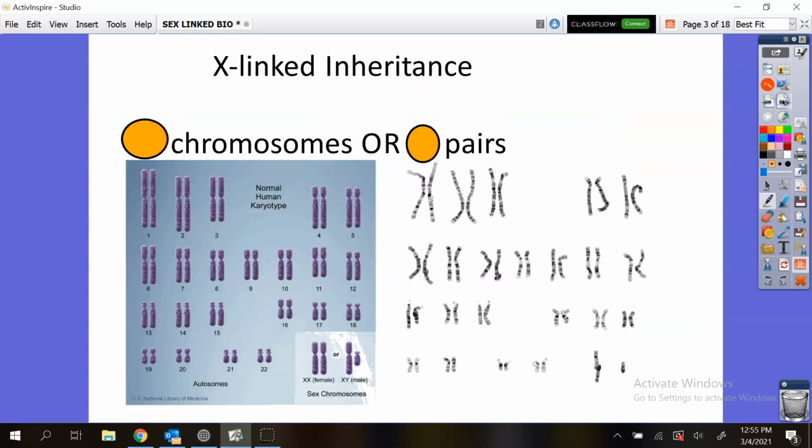Okay, so don't forget, in all of your cells, how many chromosomes do you have? Very good, 46, because they're paired up. They're in pairs.